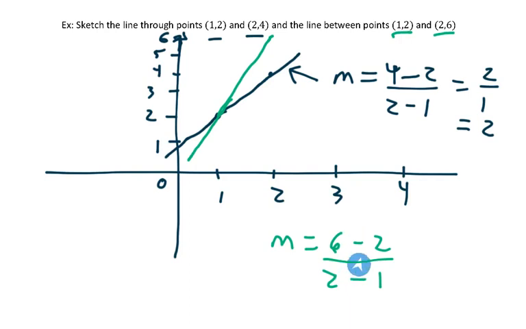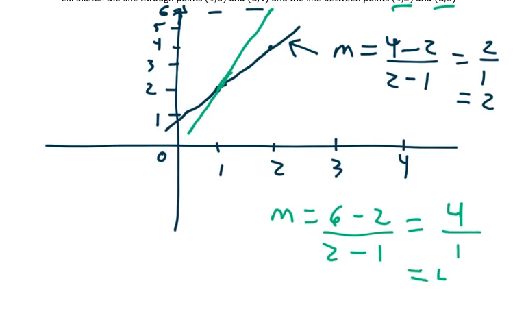For this line, you have 2, 6, 1, 2. Here you have 2, 4, 1, 2. Same point. So here we have 4 over 1, which, as we know, is 4.